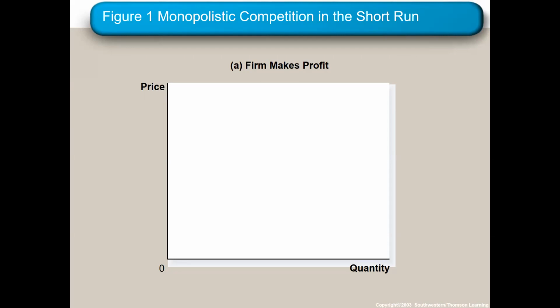And then like monopolies, you would have price maker, demand greater than MR, a deadweight loss. And the deadweight loss is because price is higher than marginal cost.